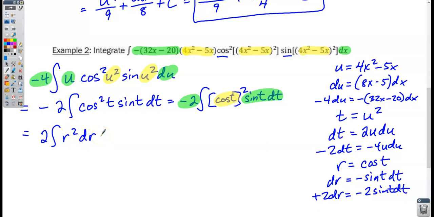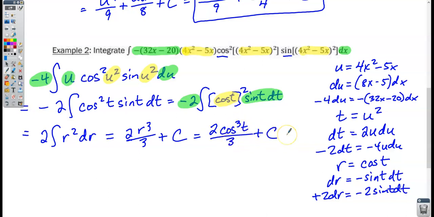And now that is something that I can integrate using antiderivatives. That's going to be 2 times r to the third over 3. And there's my integral. And now I just need to bring my variables back. I'm going to bring r back. It's going to make this 2 cosine cubed of t over 3 plus a constant. And then I've got to bring t back. t is equal to u squared.